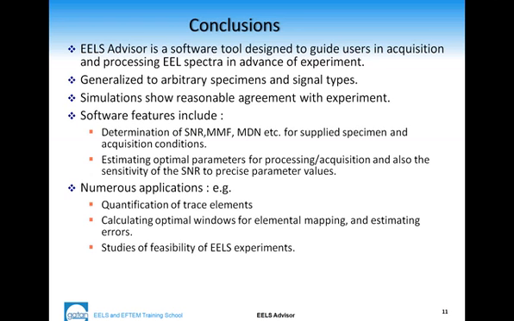There are numerous applications of the software for quantification of trace elements, for calculating optimal windows for elemental mapping, and estimating errors. And in particular, it's useful for studying the feasibility of EELS as a technique for microanalysis.